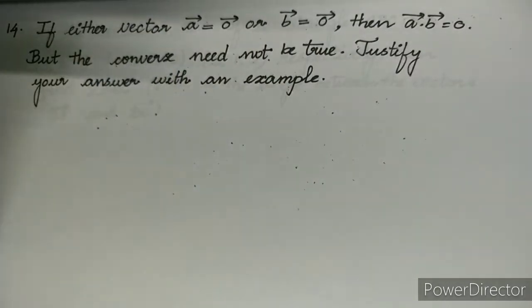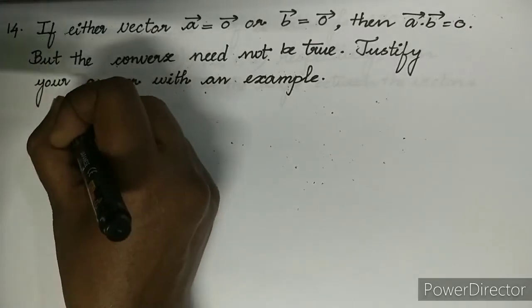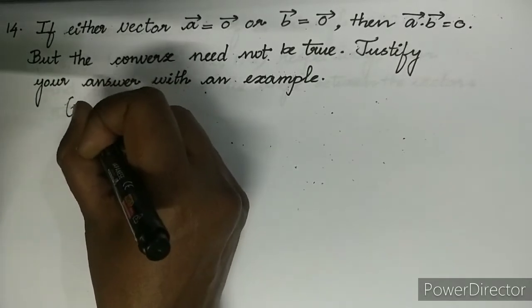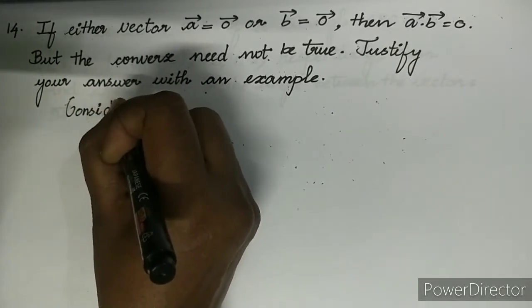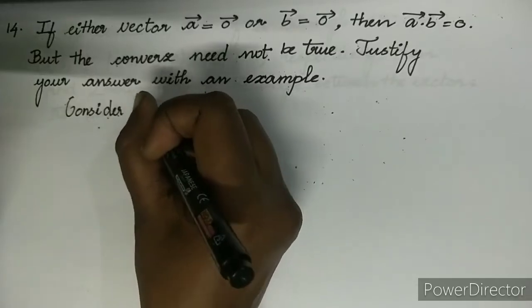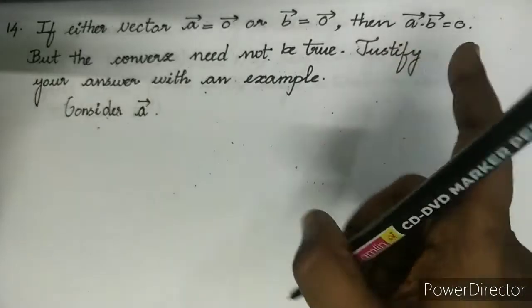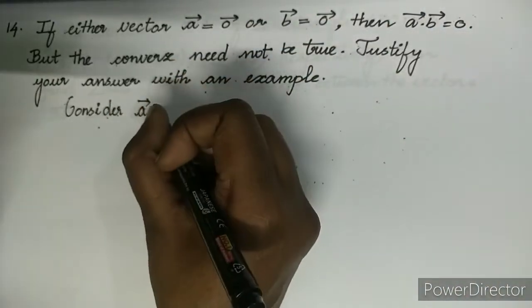We are going to take an example of two vectors such that their dot product is equal to 0.